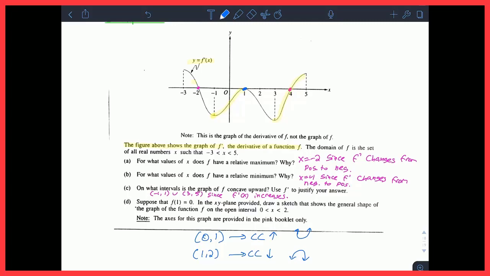So half of the graph from 0 to 1 is going to be a concave up graph. Don't make a straight line. It's going to look like this. And then from 1 to 2, I'm going to start to be concave down, getting that upside down U shape going. So this is one example of what f of x could look like. This is f of x, the original, over the open interval 0 to 2.